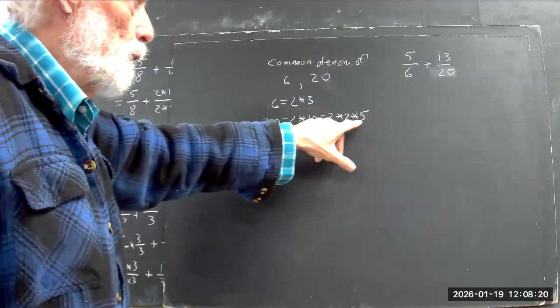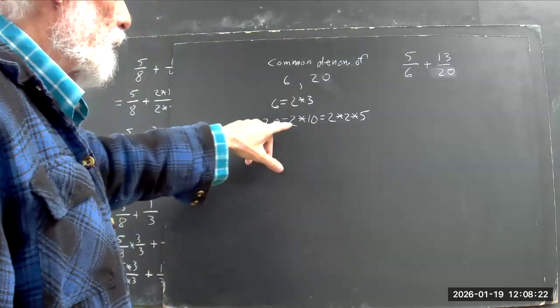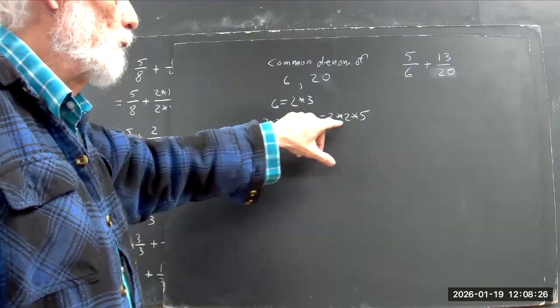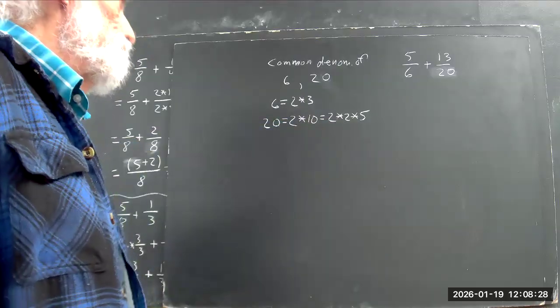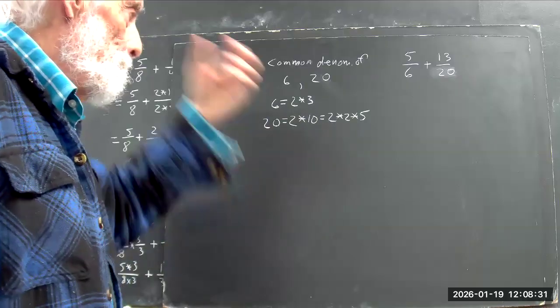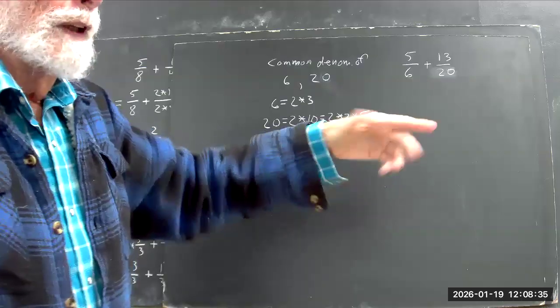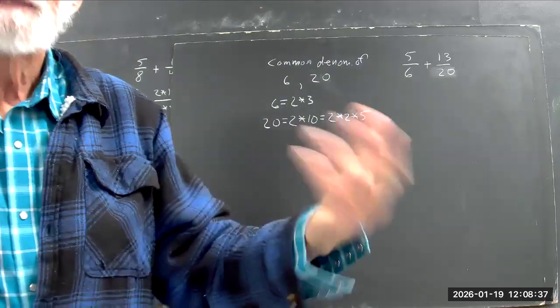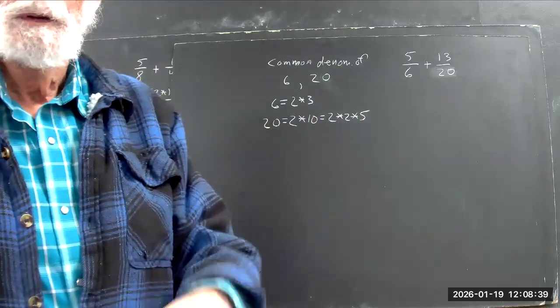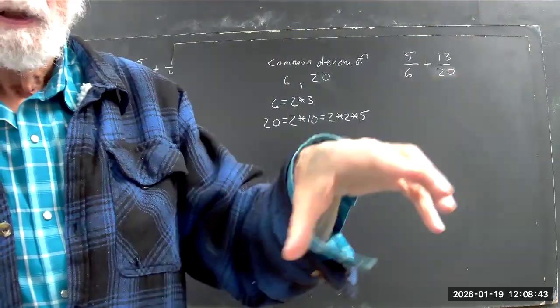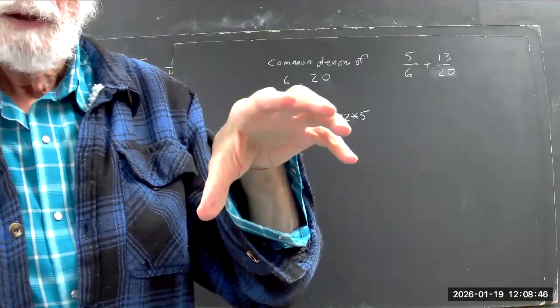Now I got 2 times 2 times 5. Notice 20 is 2 times 10. Since 10 is 2 times 5, 20 is 2 times 2 times 5. Okay. 5 can't be divided evenly. Can't be divided perfectly by any whole number. It's prime. That's what we mean by prime. You'll see a little bit more of that in Open Math.